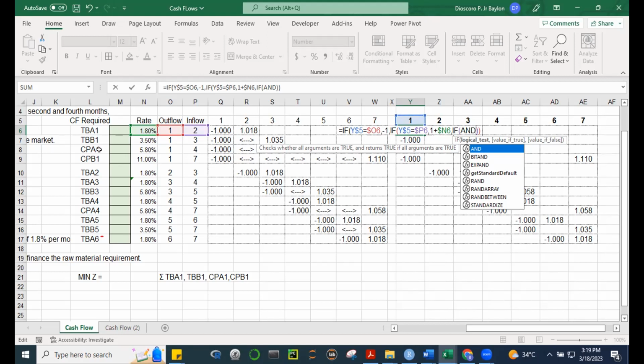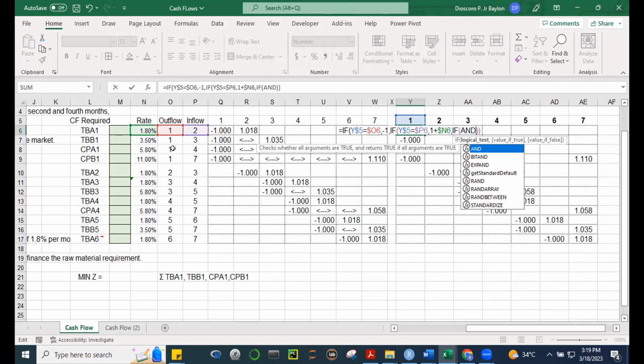For example, here for CPA 1, I'm at month 2. I first compare with the outflow. It should be greater than the outflow. Is it greater than or equal to, or should it be strictly greater?